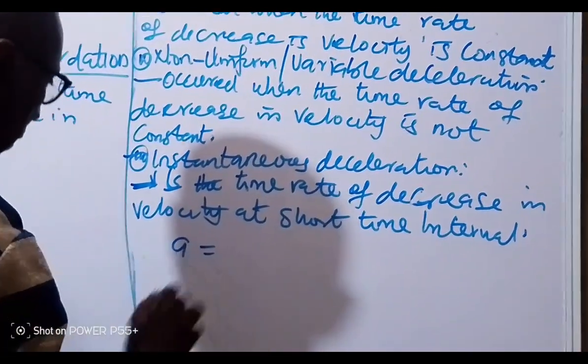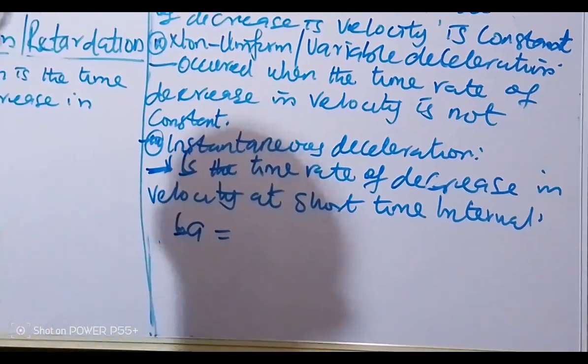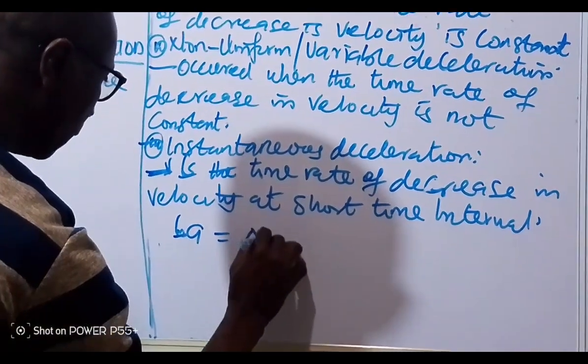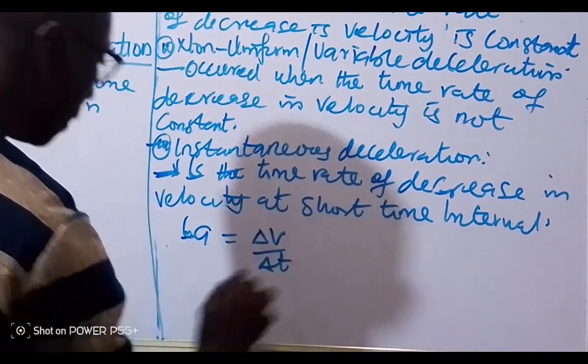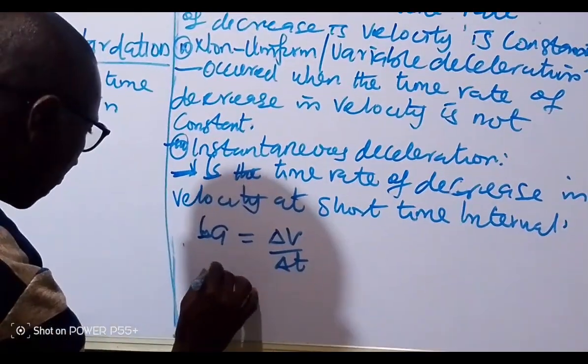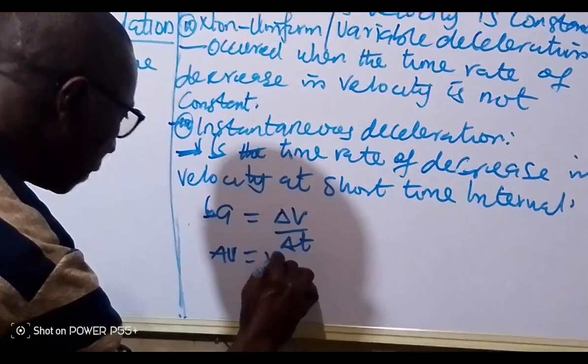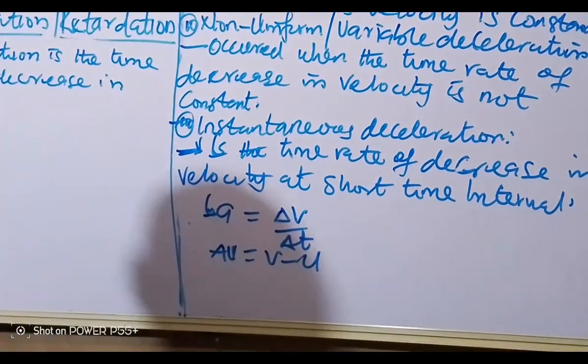Instantaneous deceleration is equal to delta v over delta t. Don't forget, the other time we said the delta v is v minus u.